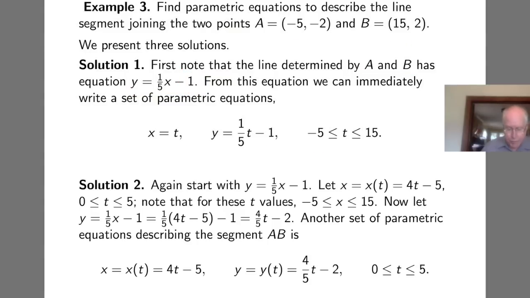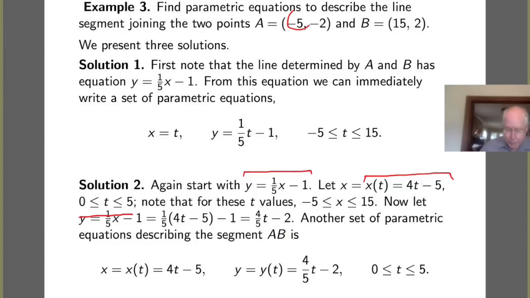For another solution, again, let's start with the Cartesian expression, y equals 1/5 x minus 1, and let's, for example, let x equal 4t minus 5. And this would be for t between 0 and 5. That, again, is what gets us from minus 5 to 15 in the x range. And then once we have the x value, we can go back to the Cartesian equation and put that in for y.